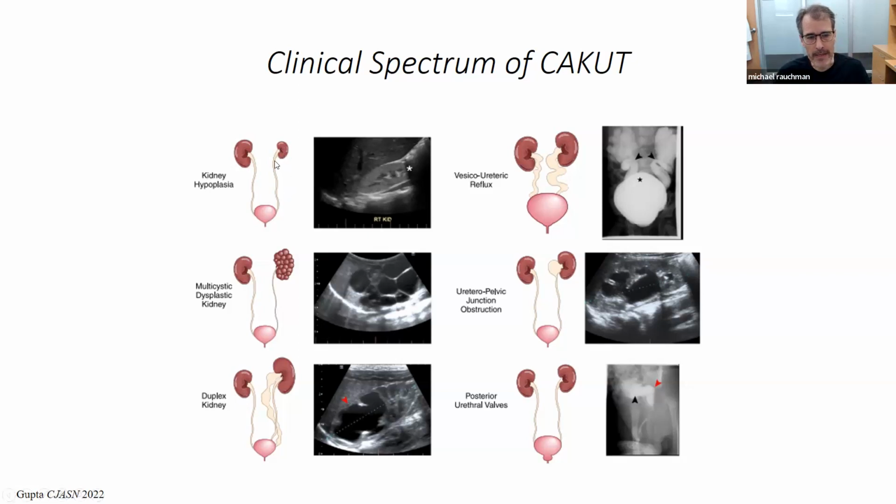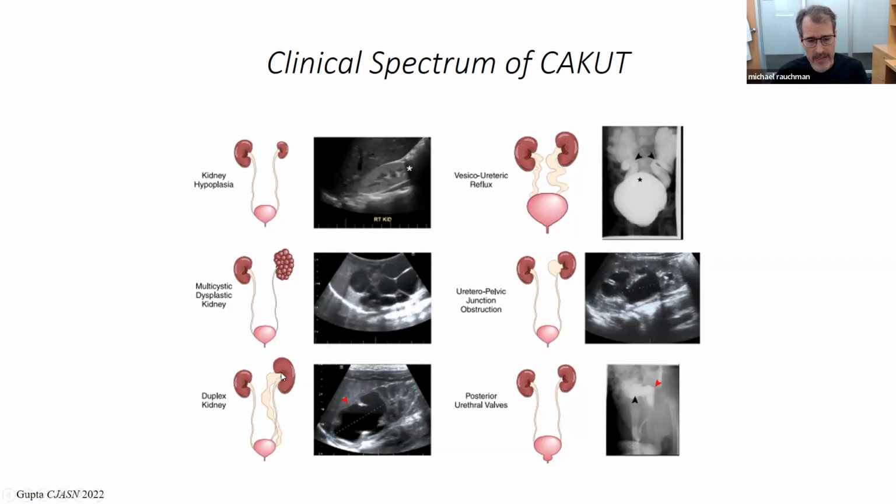Sometimes the kidney not only does not form the proper number of filtering units, but those filtering units that do form are not normal. They are what we call dysplastic, or in many cases, they can form cystic structures. So a lot of the filtering units that are there are not functioning normally, even though the number may not be as dramatically reduced.